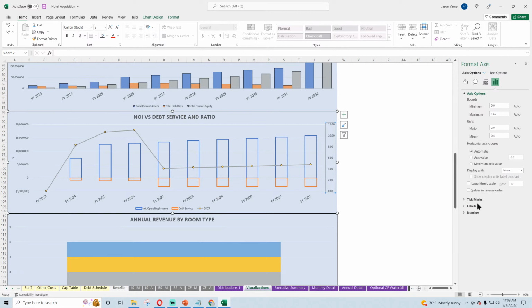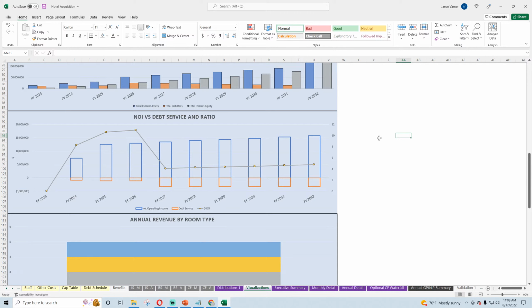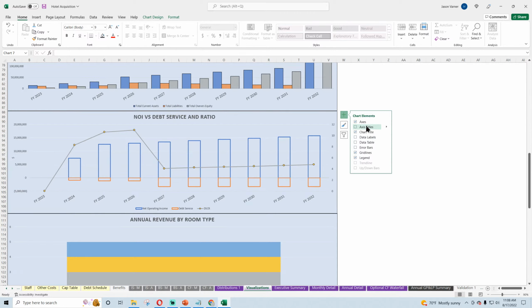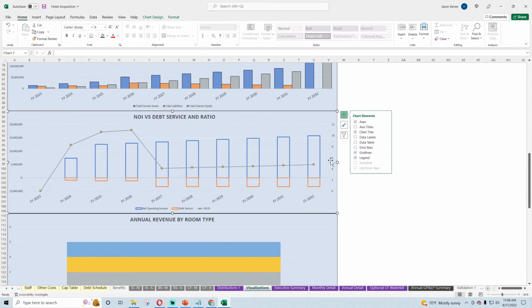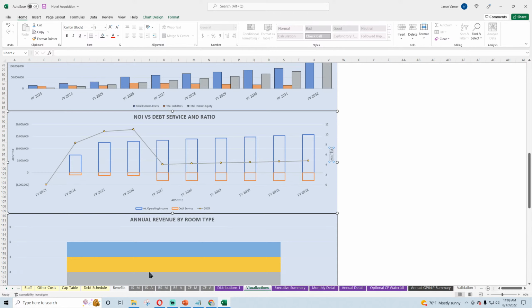Let's format this, no decimals. Axis label. This is debt service coverage ratio.